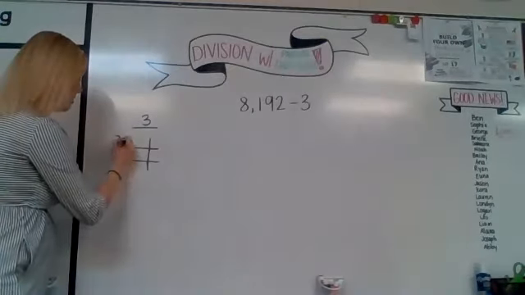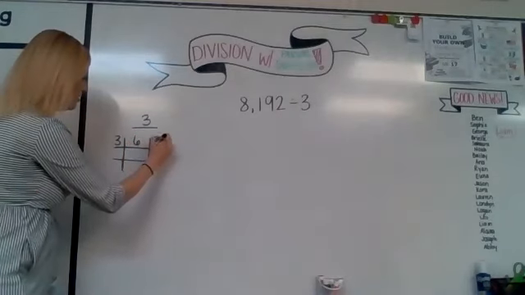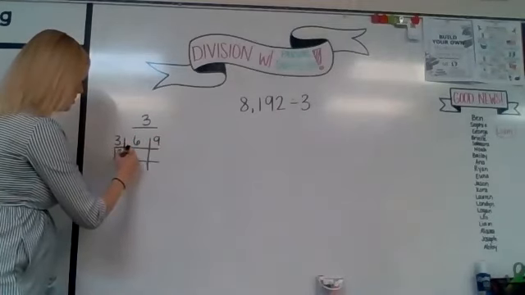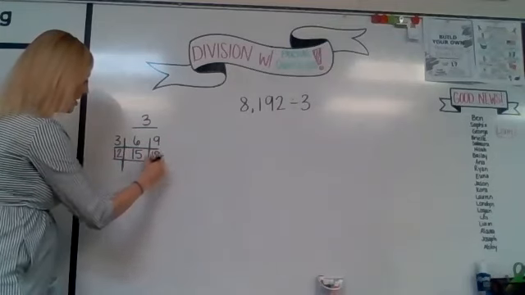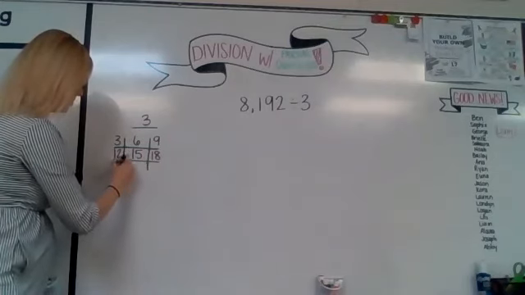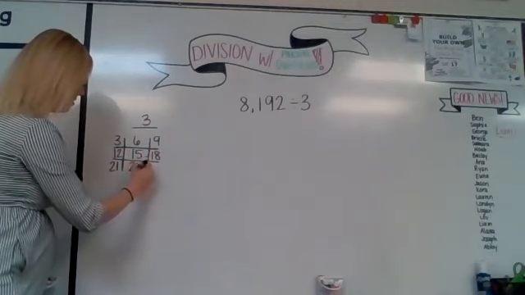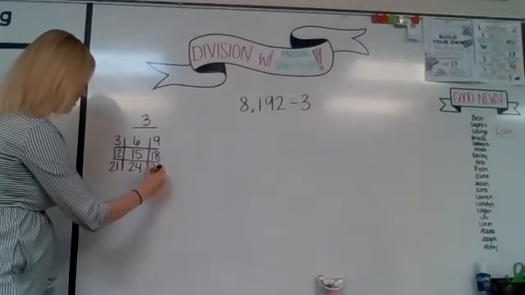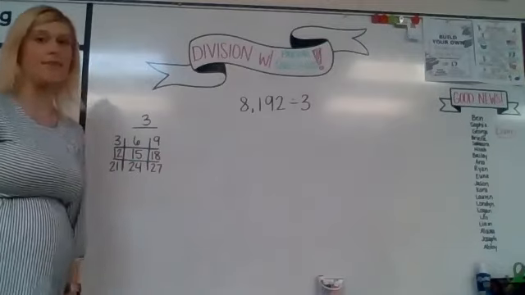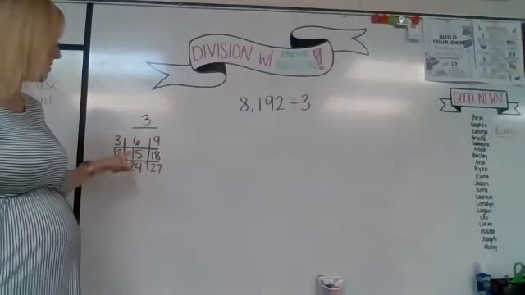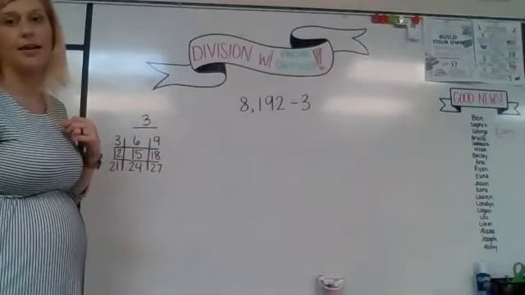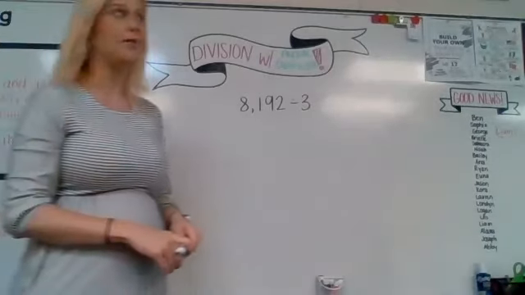So we have 3, 6, 9, 12, 15, 18, 21, 24, and 27. So we have 1, 2, 3, 4, 5, 6, 7, 8, 9, all done out already for us.